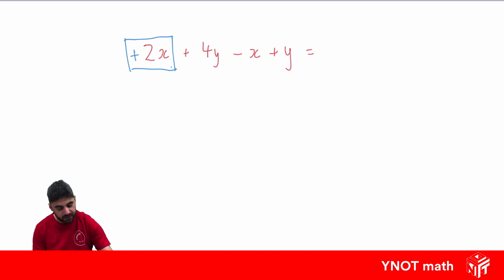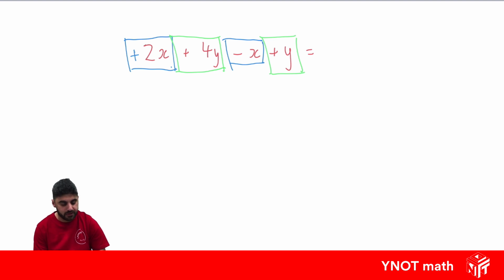When there's nothing at the front, it just means it's positive. So the term that's like 2x is this minus x. So see, I'm including the sign in front of it on the left. And the positive 4y is like this positive y here. So we can match up the colors to know we can add with each other.